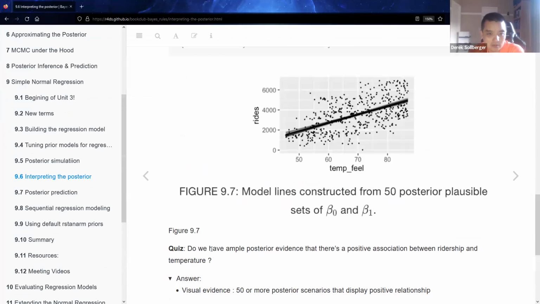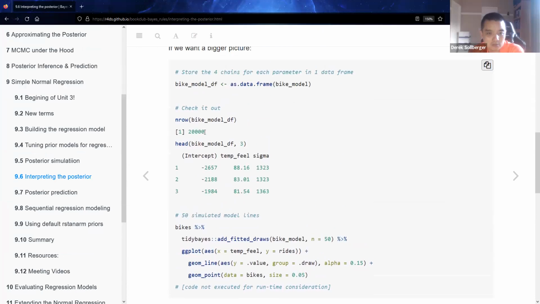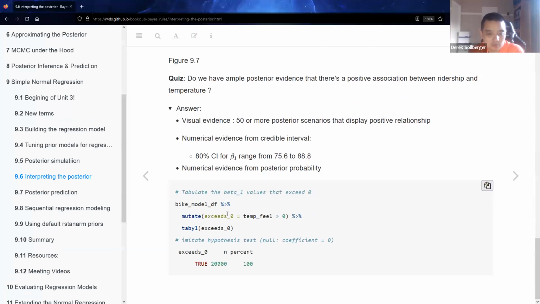Well, in our 20,000 simulations, all 20,000 of them produced estimates for beta 1 that were greater than 0. So that seems like a lot of evidence against the null distribution. So let's reject the claim of 0 slope or 0 effect.